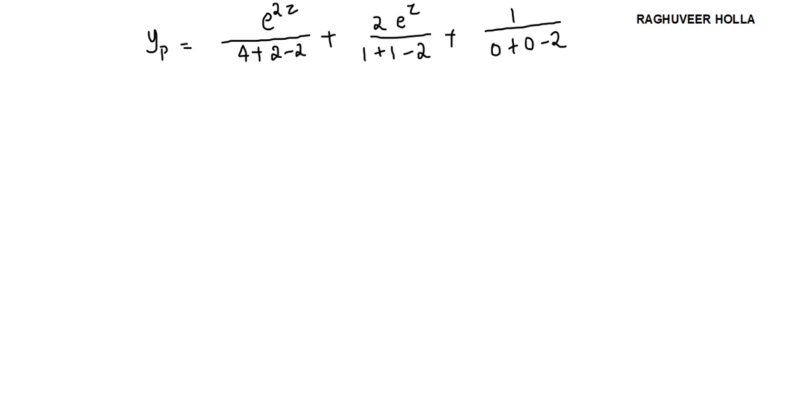Fine. Now the first one is 1 by 4 e to the power of 2z, and if you notice the second one goes to 0.